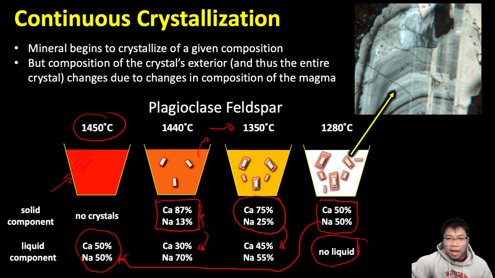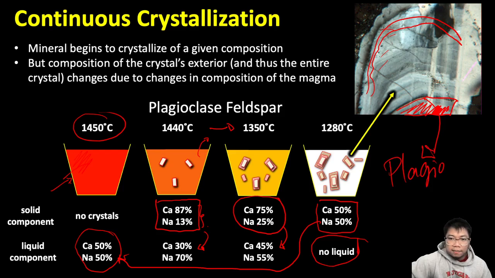So the inside of the mineral will have a lot of calcium, but the outer part will have a lot of sodium. But they all create one single mineral, which is called plagioclase.